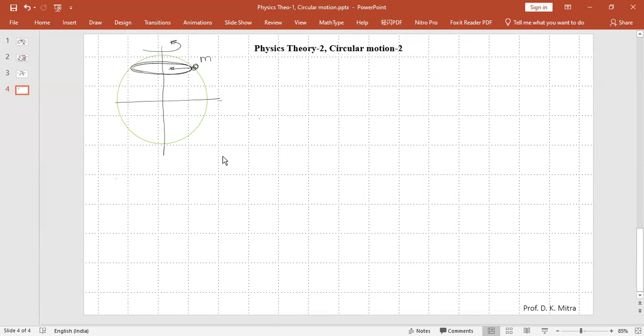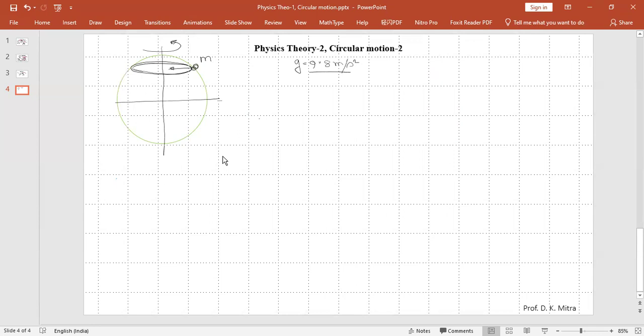Now, this additional force alters your weight. Your weight is your mass multiplied by acceleration due to gravity. So, the value of g is equal to 9.8 meter per second square. The question comes, what is this g?